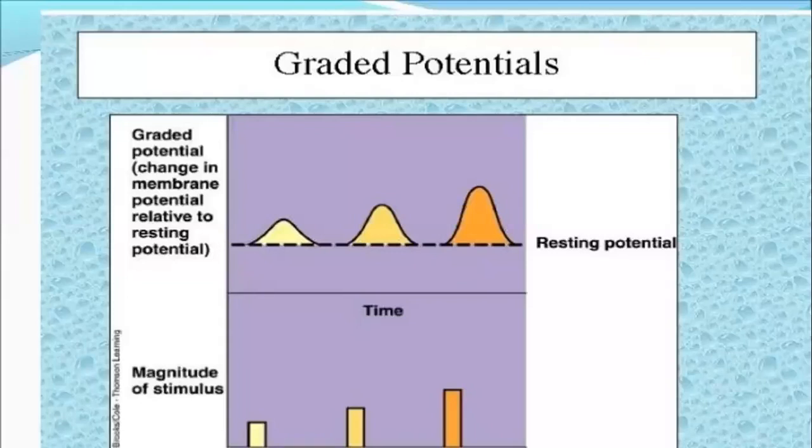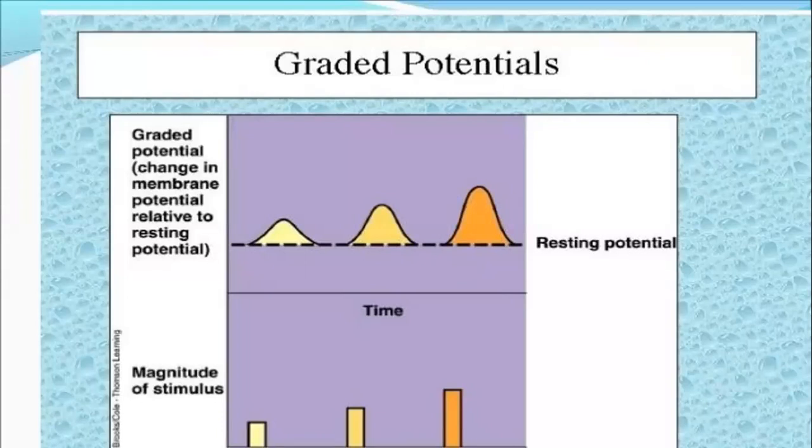The local response is a graded potential. It can be either depolarizing or hyperpolarizing, and it can be summated. Action potential is always a depolarizing potential, and it follows the all or none law.